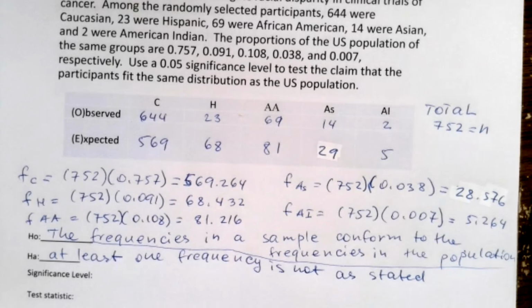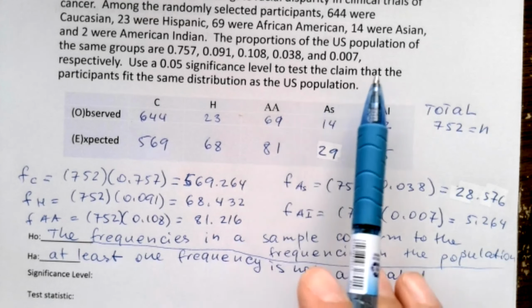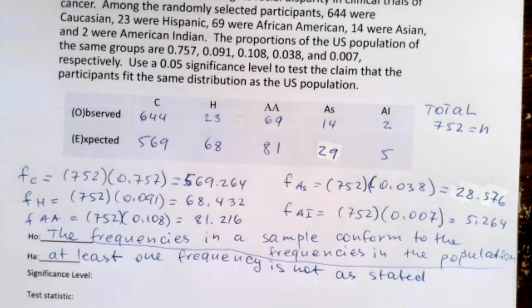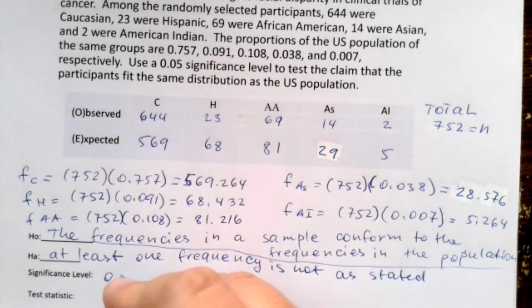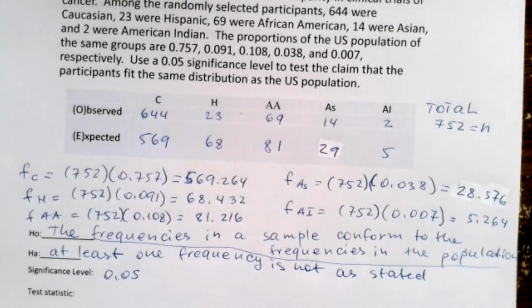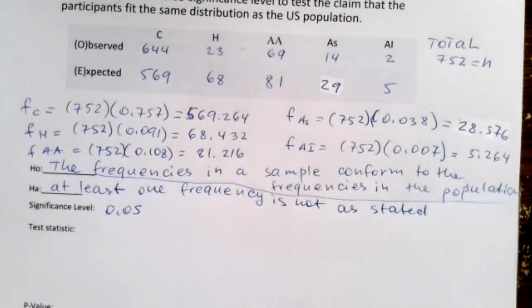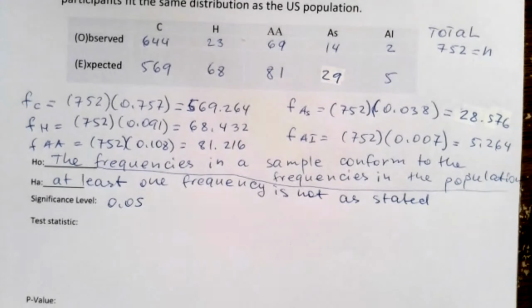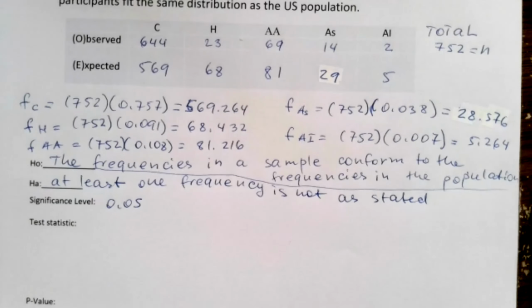All right, so now that we have set up our null and alternative hypotheses and our expected values, the next step is to figure out the significance level. Well, the significance level is always given to you. So in this case, it's 0.05. Now we need to find our test statistic. The formula for the test statistic is the same as in the previous problem.